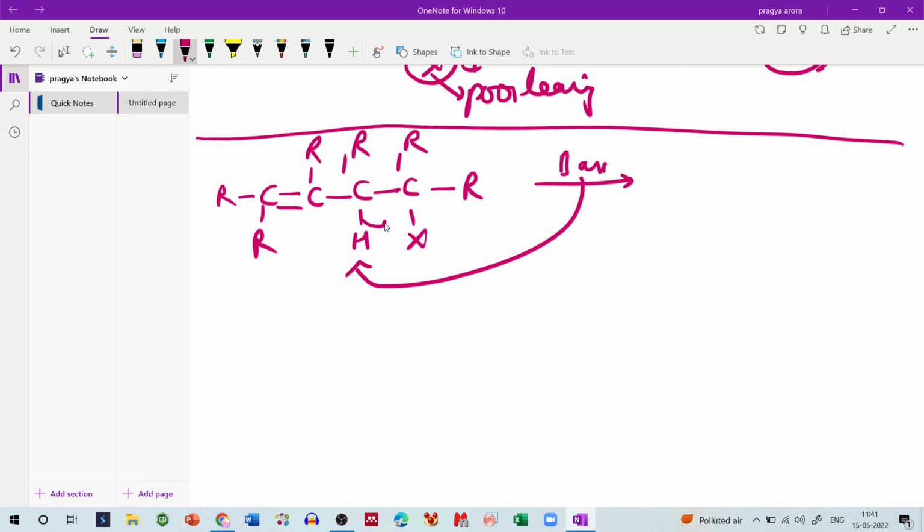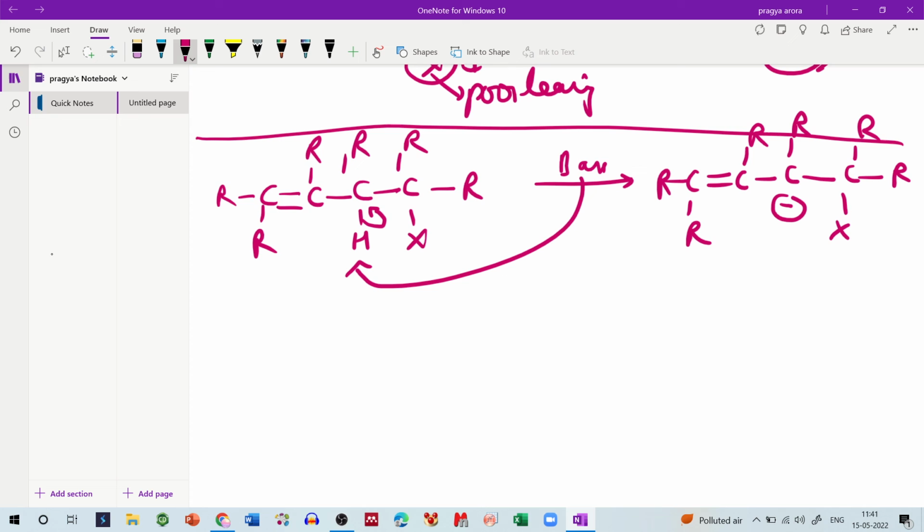It will abstract this proton and there is formation of a carbanion. The carbanion will be generated on this carbon next to the carbon where the halide is present. So the stability of the carbanion matters again over here. The double bond present in the carbon next to this carbanion is stabilizing it. The double bond can undergo resonance and the stability is increased.